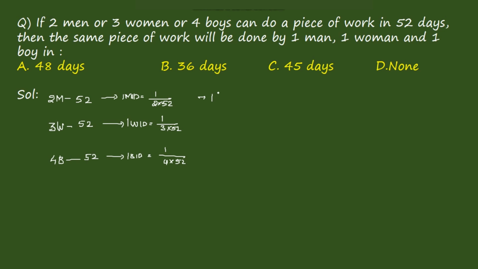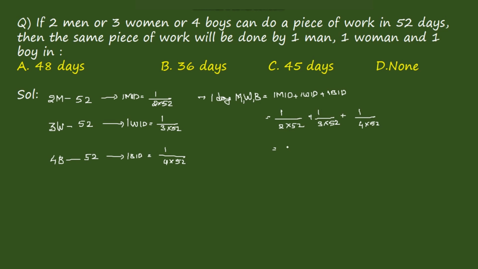Okay, then 1 day work of 1 man, 1 woman and 1 boy is equal to 1 man 1 day work plus 1 woman 1 day work plus 1 boy 1 day work, which is equal to 1 by 2 into 52 plus 1 by 3 into 52 plus 1 by 4 into 52.